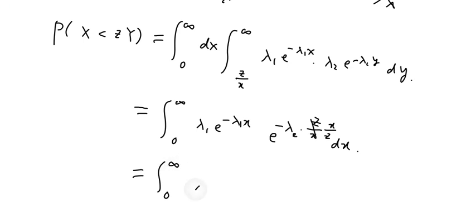So lambda 1 is, so we take negative. So here we can take x out. So coefficient lambda 1, plus lambda 2 over z, x dx.